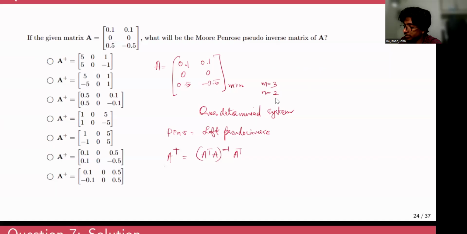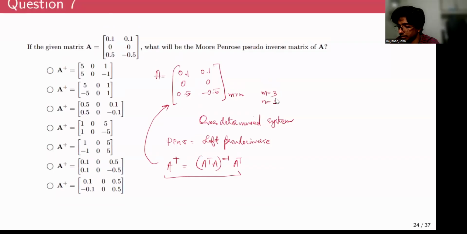So if you do this operation with this matrix A, you would end up with the pseudo-inverse of A. You can do this on your own. I'll just give out the answer for this question.